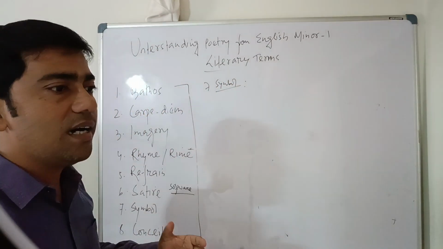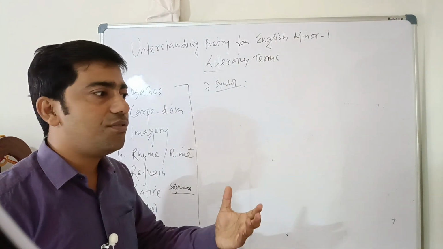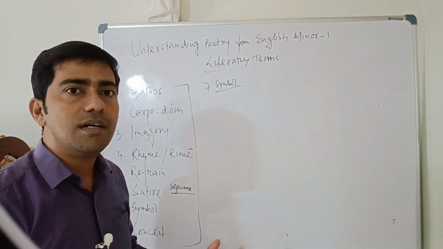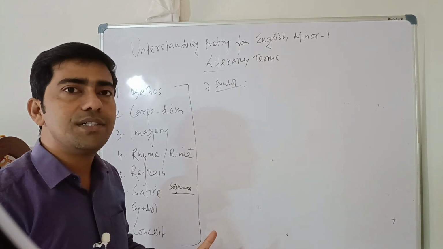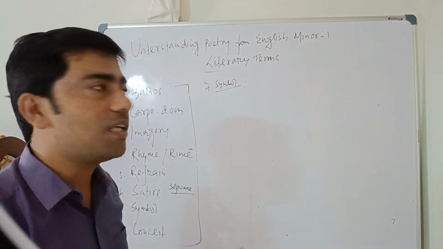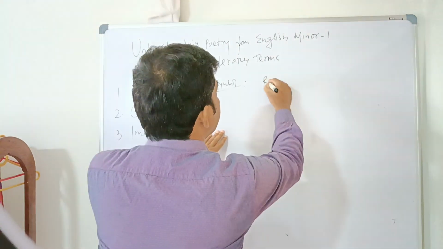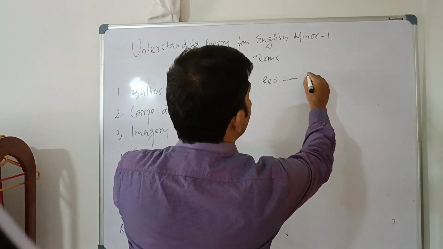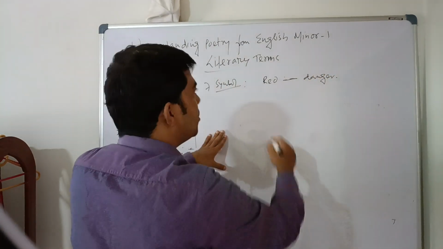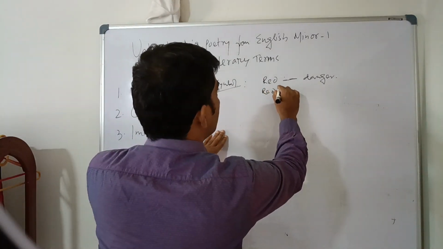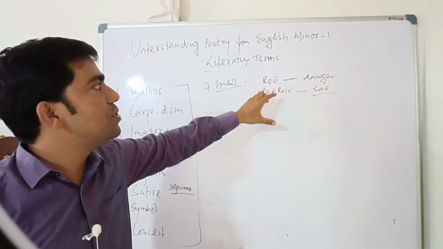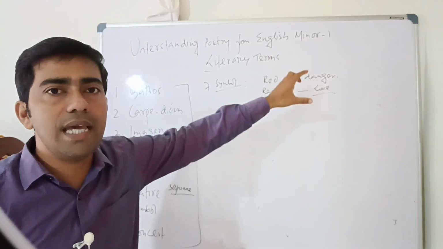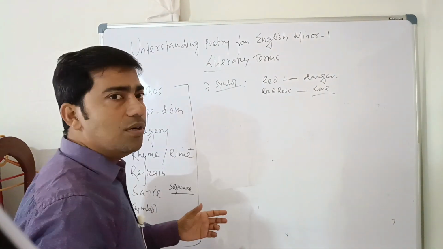Symbol is all about the representation of something concrete to express some other thing. So red symbolizes danger, where red rose symbolizes love. So the concrete is used for the representation of something abstract, either good or bad.